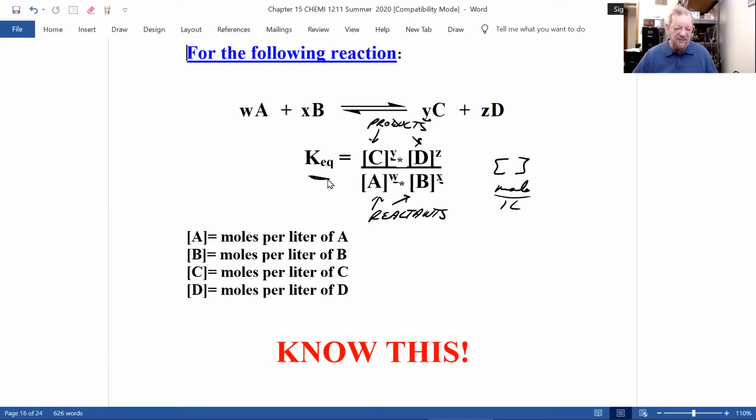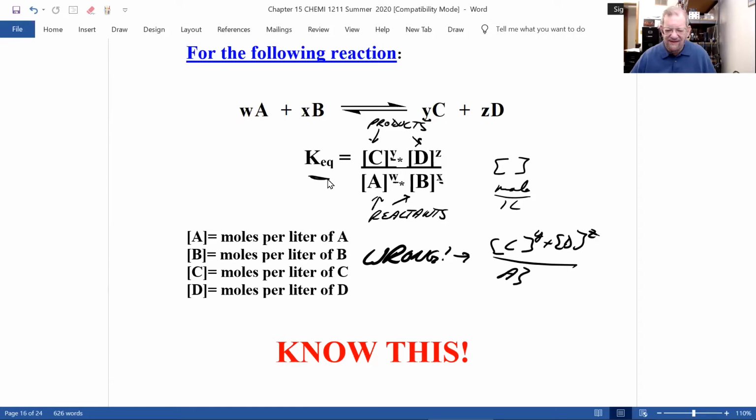Now, common mistake, and I'll write it up front, wrong. I don't know why, but students will do something like this. And they put a plus sign, which is wrong.